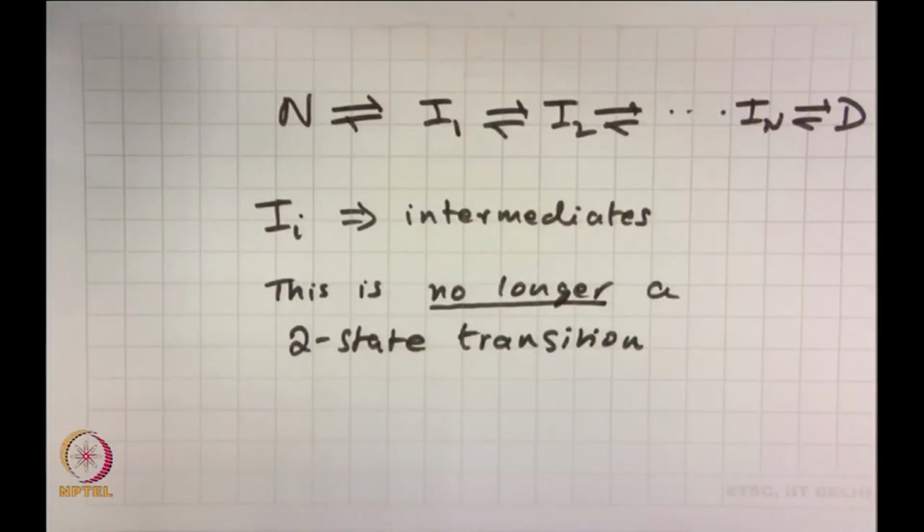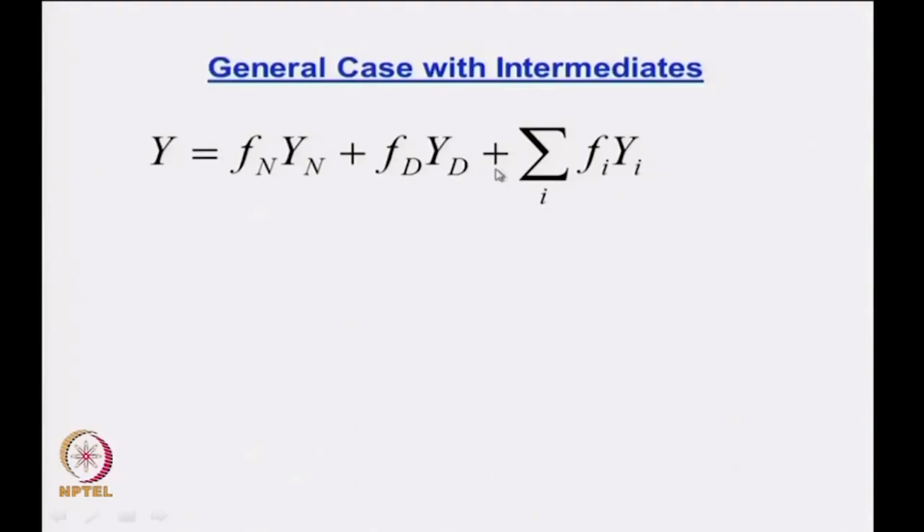But I can take care of it, at least I can try to take care of it like this. Initially, when it was two state, if you look at this equation on the slide, y was equal to f_N y_N plus f_D y_D, right. Up till this arrow, it was a two state, but now you are saying you have intermediates.